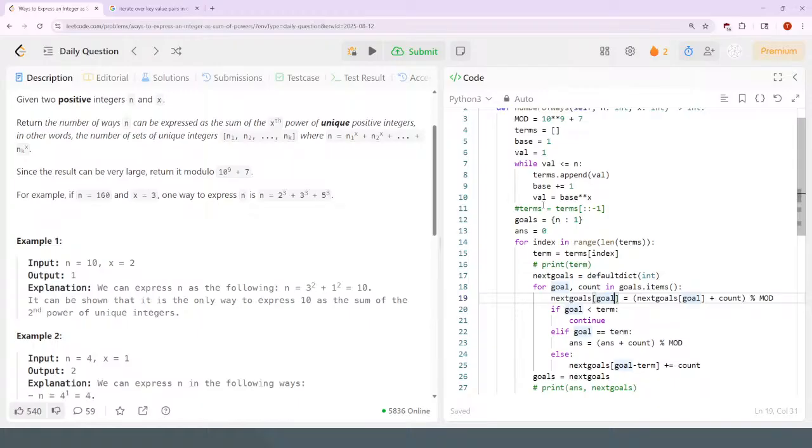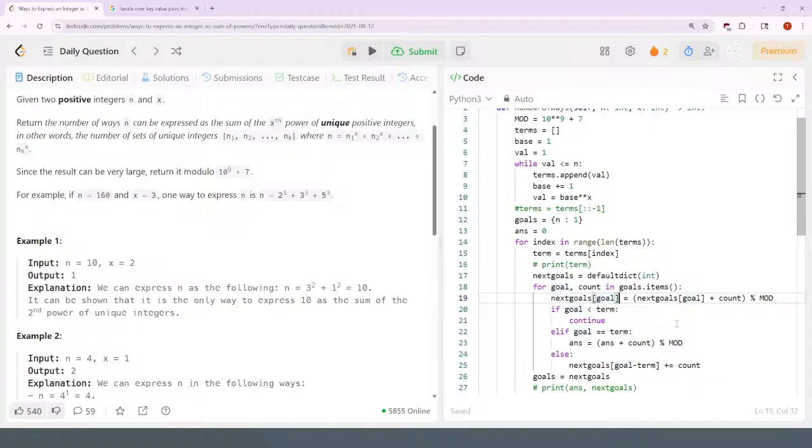I can break completely, return the answer maybe? No, because there might be other goals that are smaller than the set. But there won't be later, but I won't need to put that goal in the next goals, I guess. Yeah, I don't need to put the goal in the next goal.